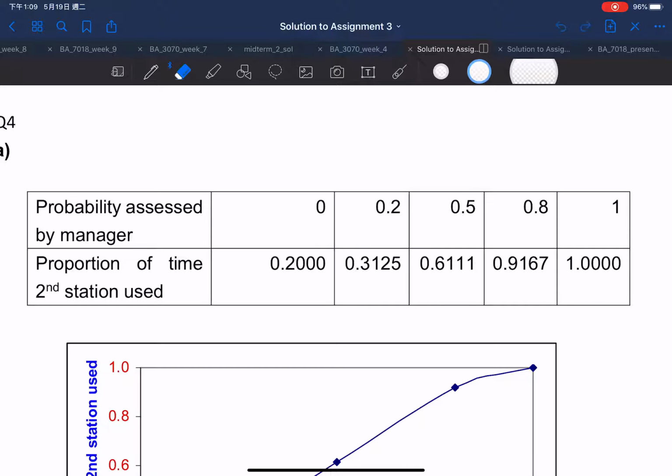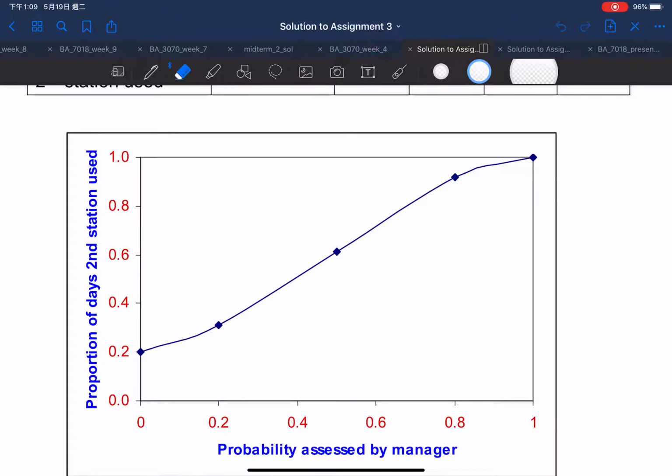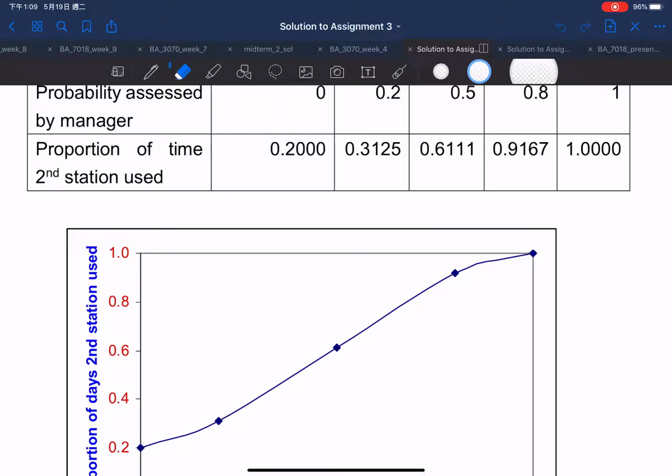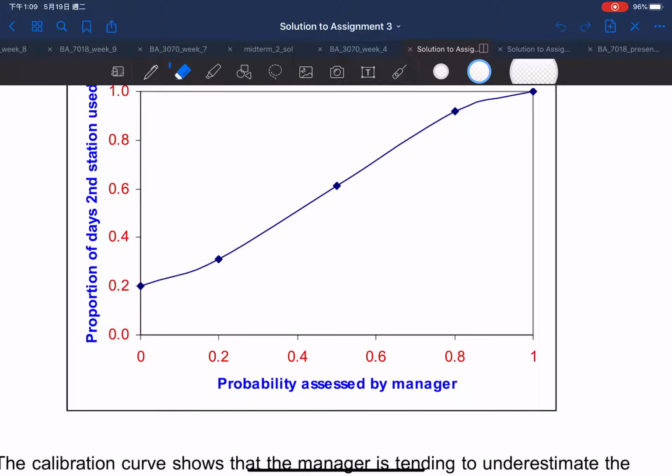You understand this part? Okay? And basically this calibration graph does exactly what this number does. So for example, this first point means that here is the probability assessed by the manager, so the predicted number. In the class example, I gave raining probability.